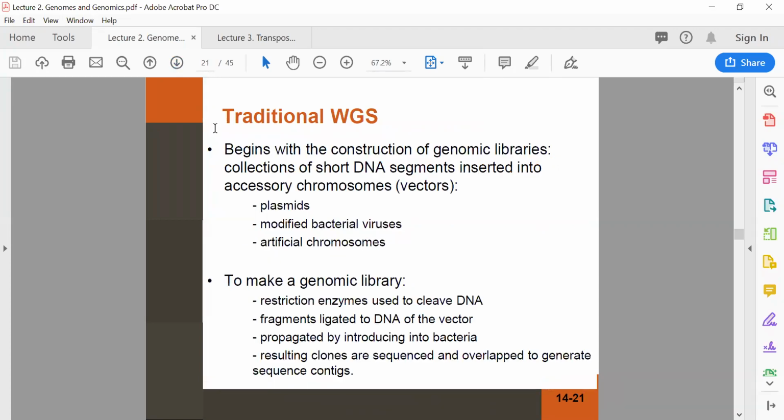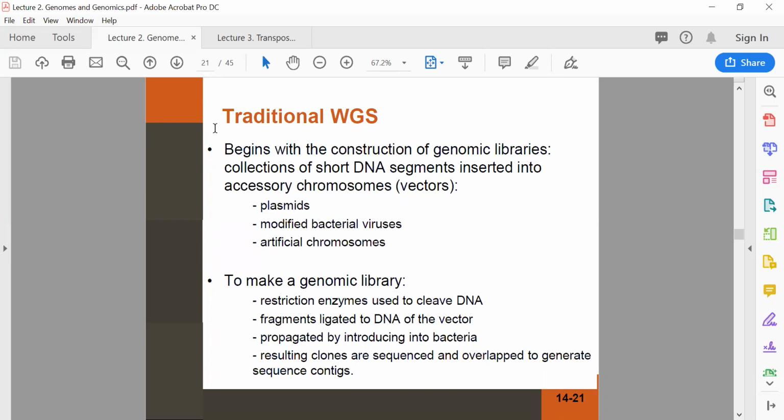All right, so let's start with traditional whole genome shotgun sequencing. It begins with the construction of what's called a genomic library. This is where the DNA is cleaved at specific sequences using enzymes called restriction enzymes, which you will have heard of before, maybe from living systems.